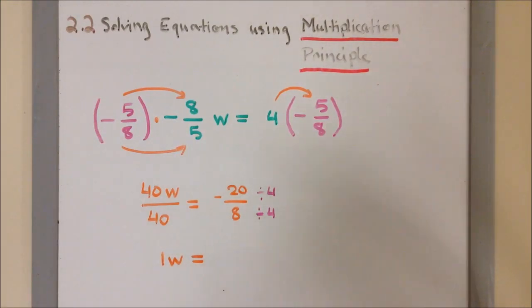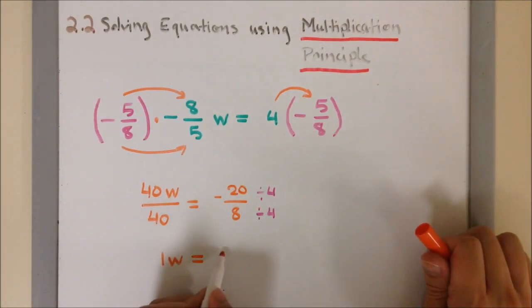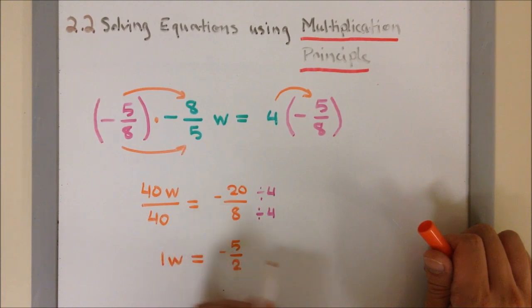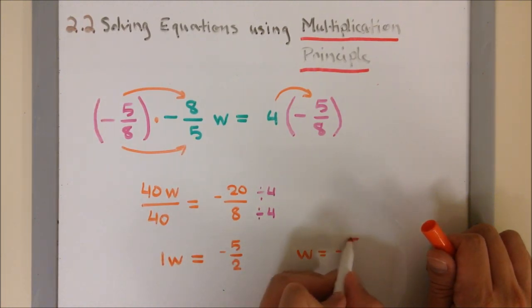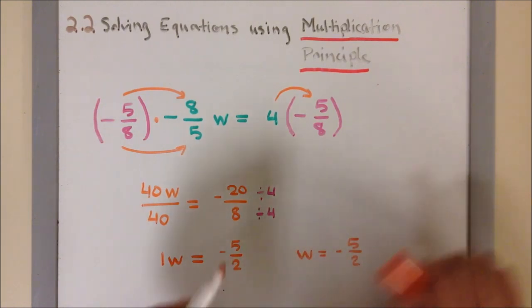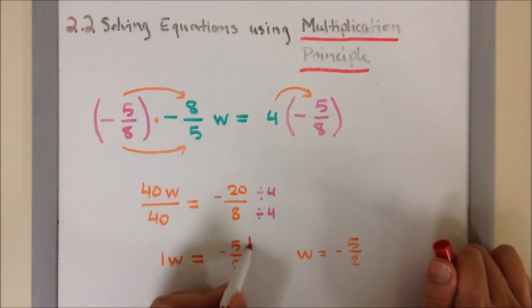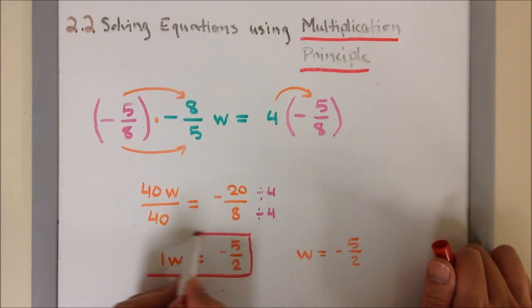When you do that, negative 20 divided by 4 will be negative 5. 8 divided by 4 will be 2. So 1w equals negative 5/2, or w equals negative 5/2. And that's our final answer.